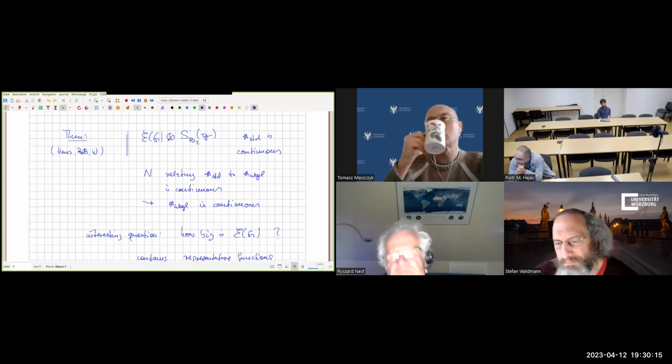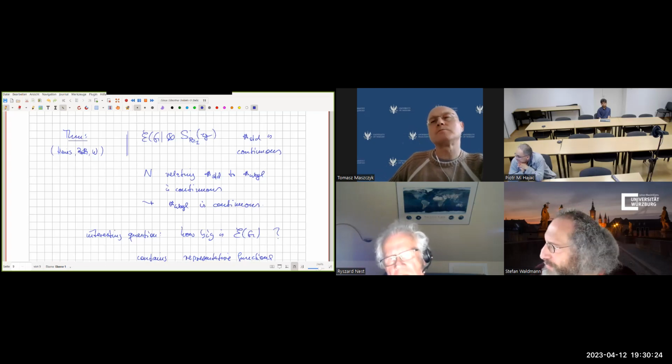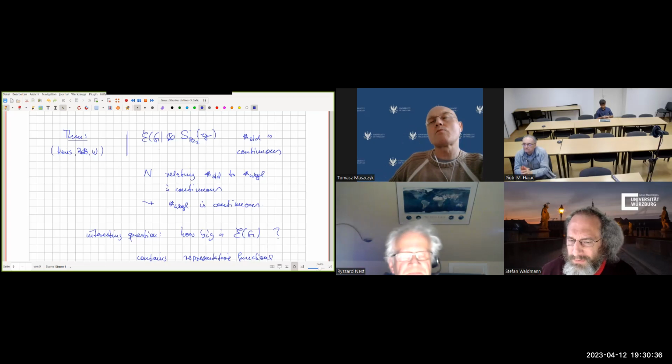But I'm pretty convinced that there is at least some relation between these two spaces. If we have an entire function on the complexified Lie group, then its restriction is inside this one, but we don't know whether we exhaust all of them.